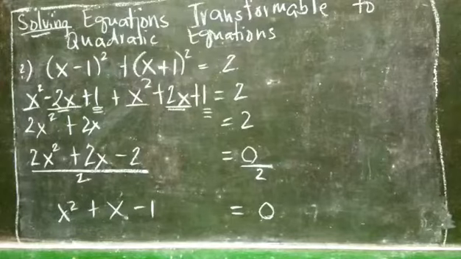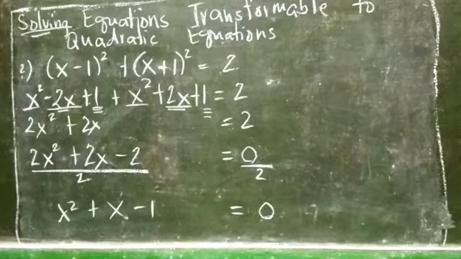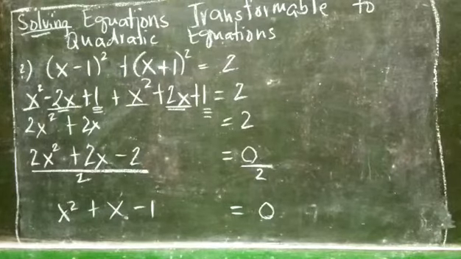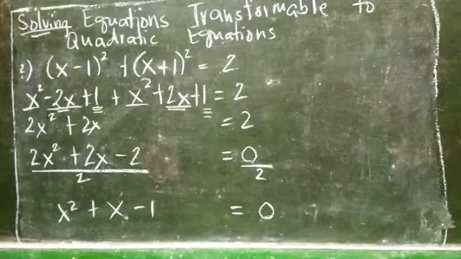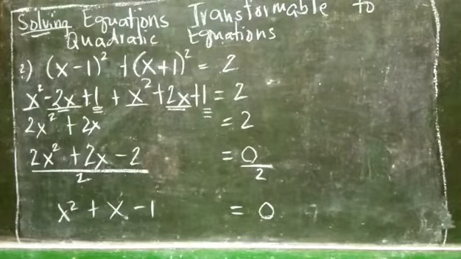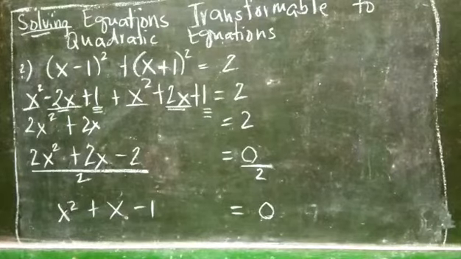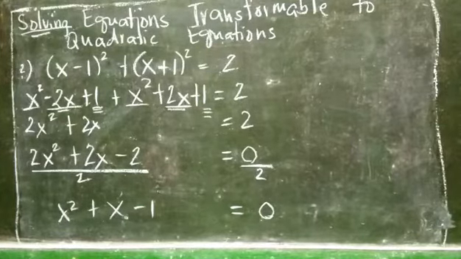So, kung mapapansin natin, it is already in standard form. So, by using any of the methods, yung factoring, completing the square and quadratic formula, pwede na nating mahanap yung kanyang roots. Or in this case, pwede mong gamitin ang completing the square as well as the quadratic formula. So, let's now find the roots of this equation.